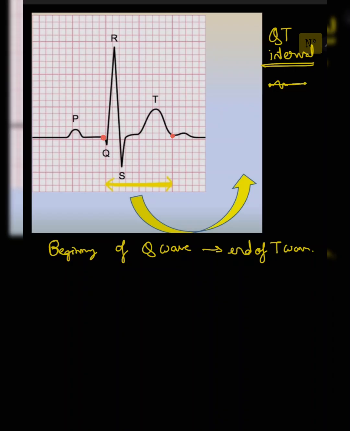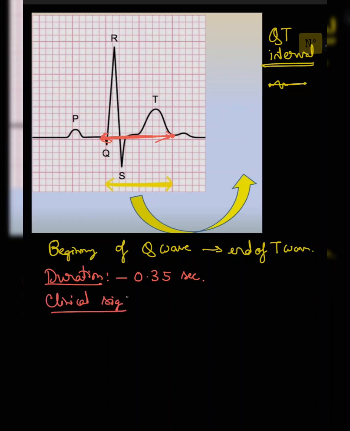If you connect these 2 points and measure, that is the QT interval. The normal duration of this interval is 0.35 seconds.